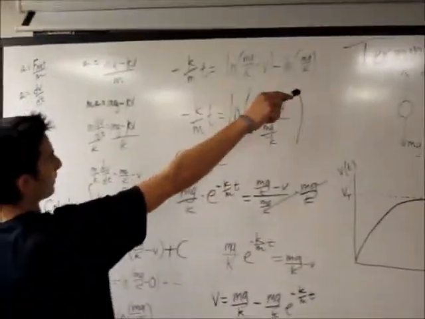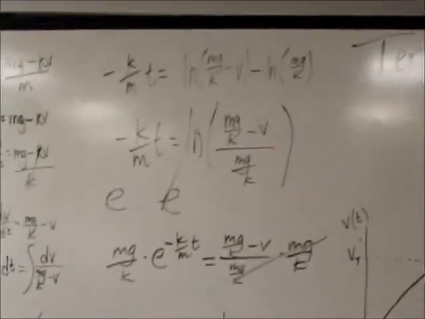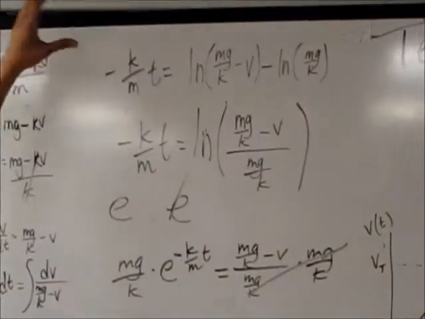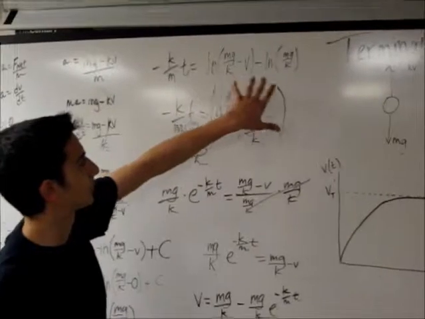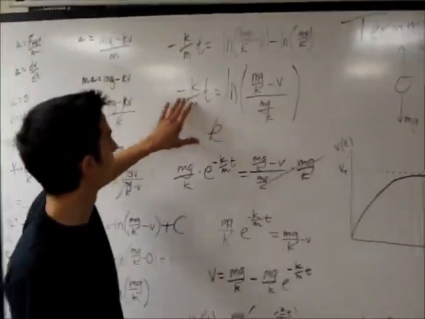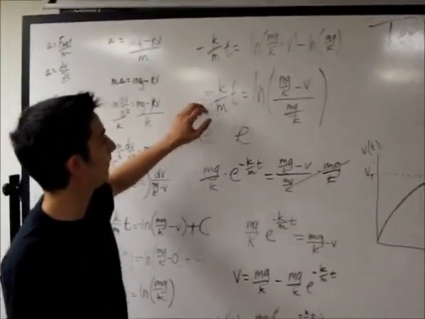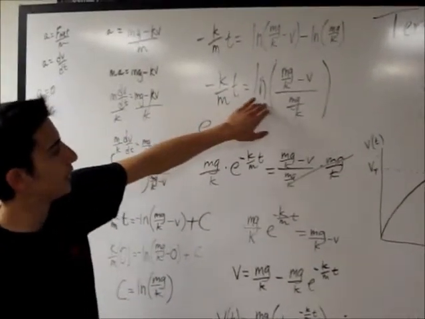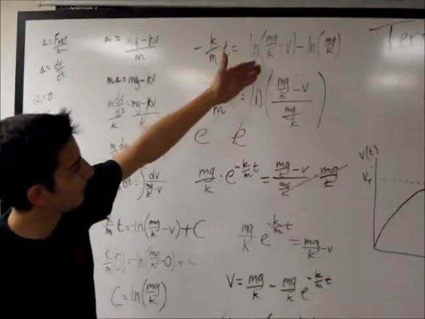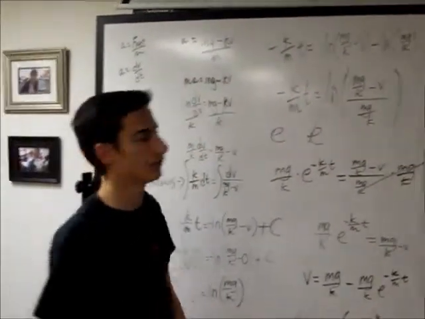Come back up top. Right? Now we just switch. We had this negative. We just multiplied by -1. Make this nice and even. We just combine terms. So now we have negative k over m t is equal to the natural log of mg over k minus v over mg over k.